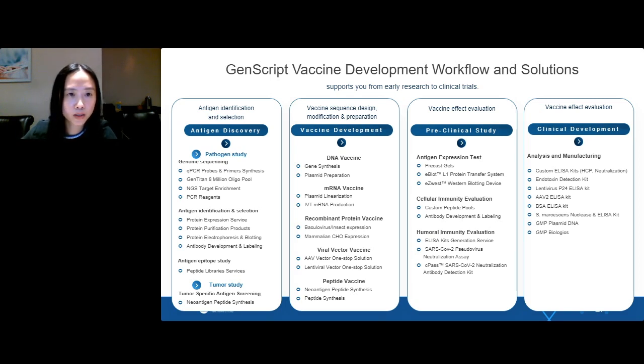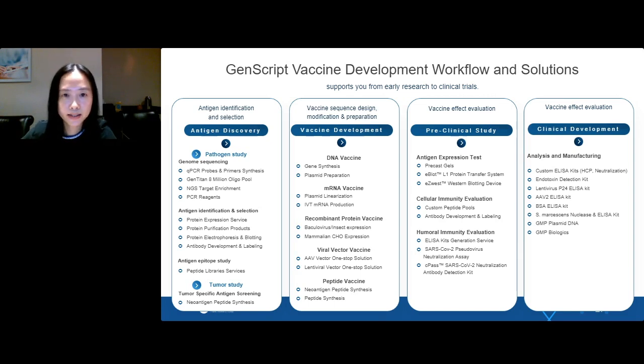And next, when you identify the antigen and want to develop your vaccine, we are providing you the solutions for novel vaccine development, including DNA vaccine, mRNA vaccine, recombinant protein vaccine, viral vector vaccine, and peptide vaccine.